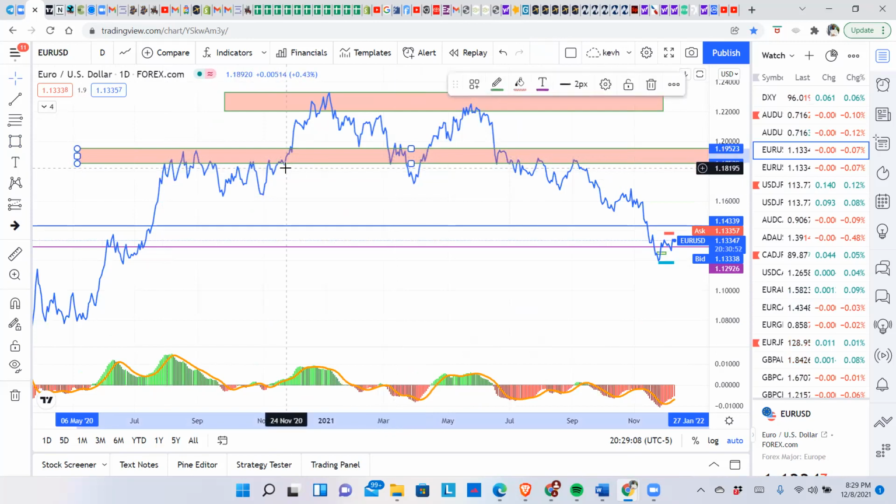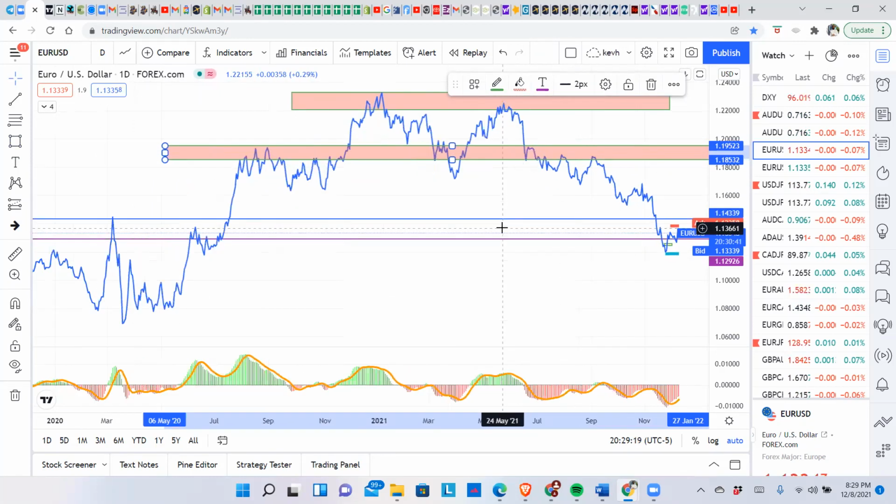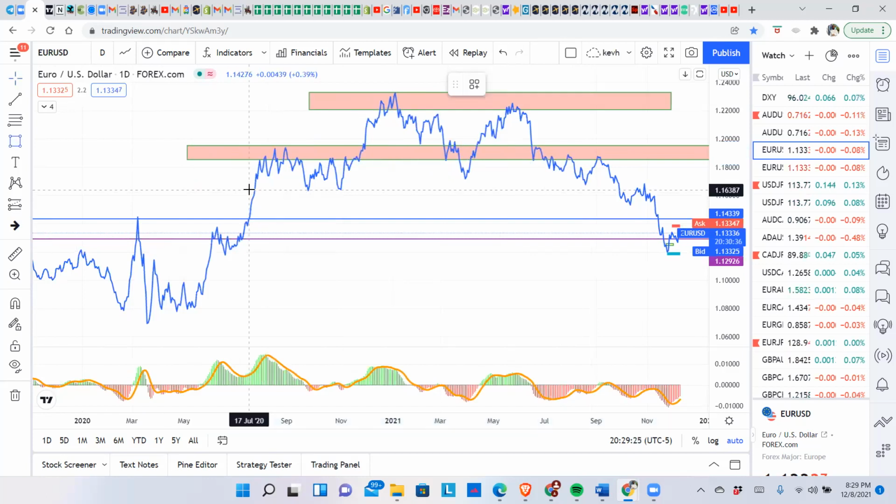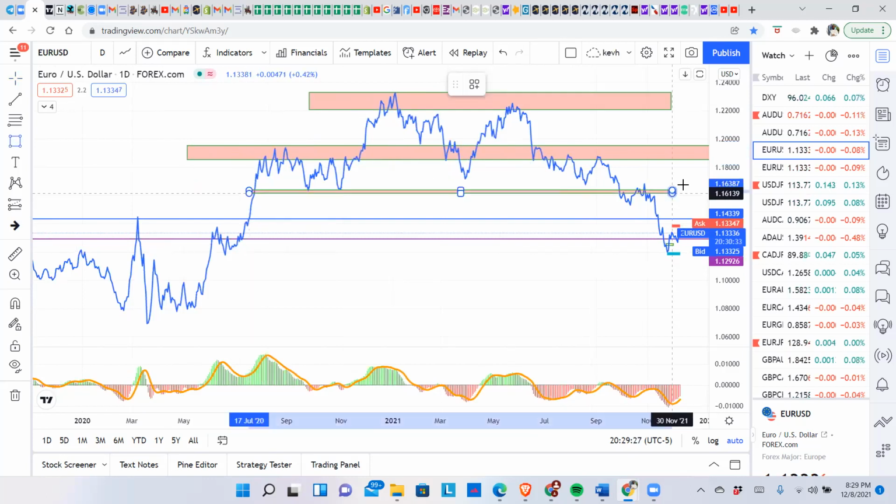So we have this point, this point, this point, touches. Support and resistance zones, like you can see that. So you could have waited for this right here. And there's also another area of interest here.